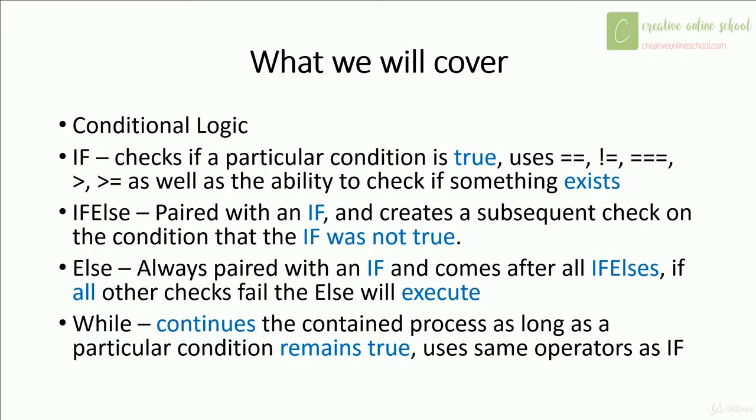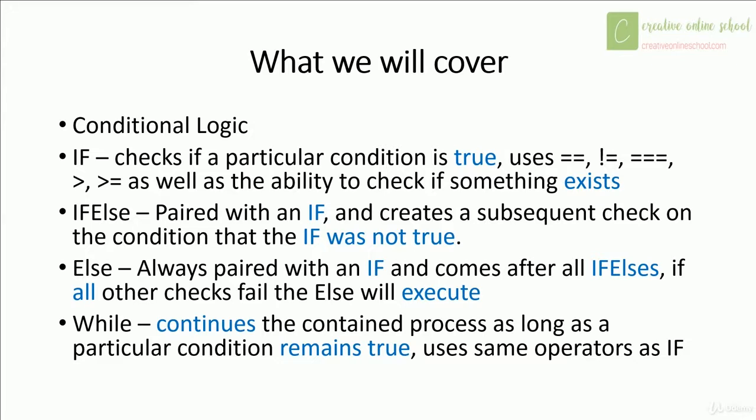Next is else if. These are always paired with an if, and it creates a subsequent check on the condition if the if was not true. So it tries the if, and if the if fails, it proceeds to the else if. Finally, we have else. It is also always paired with an if, and it comes after all the other else ifs.